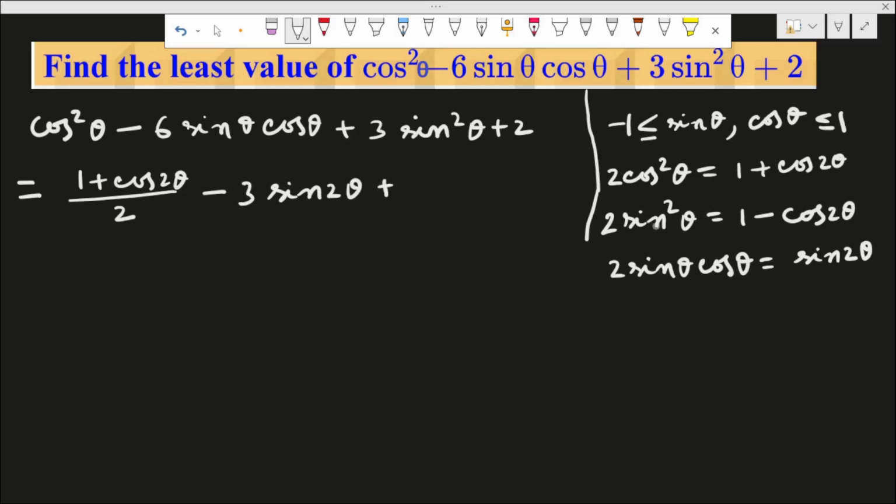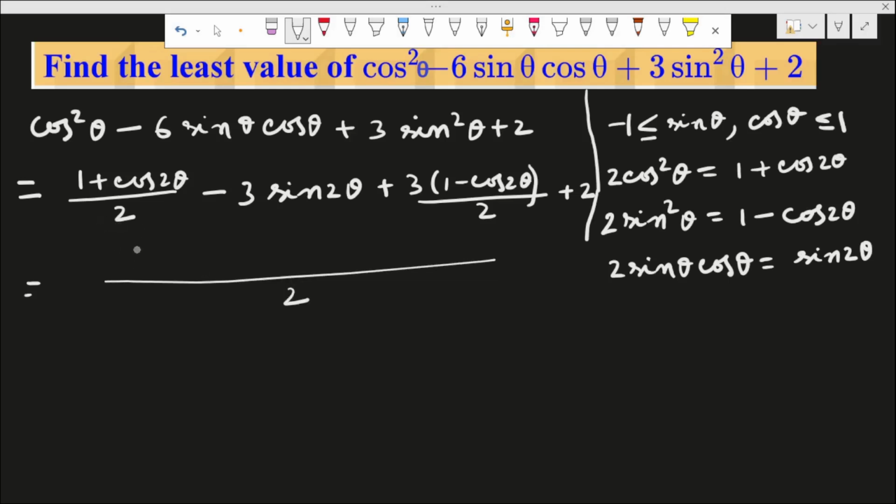Sin square theta means 1 minus cos 2 theta by 2, plus 2 as it is. Now the LCM is 2.